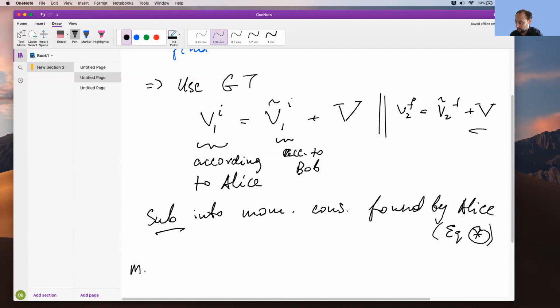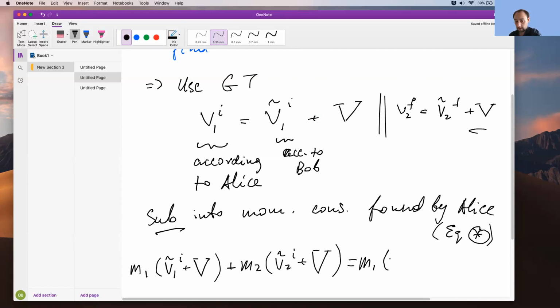M1 times (V1 tilde initial plus big V) plus M2 times (V2 tilde initial plus big V) equals M1 times (V1 tilde final plus big V) plus M2 times (V2 tilde final plus big V). I'm just substituting, just doing algebra.